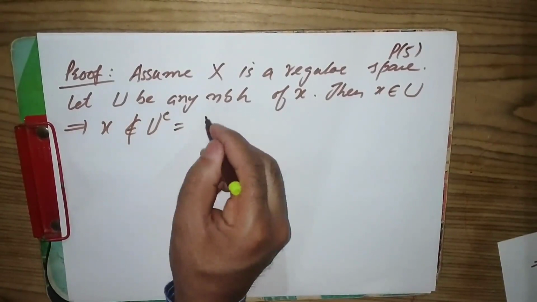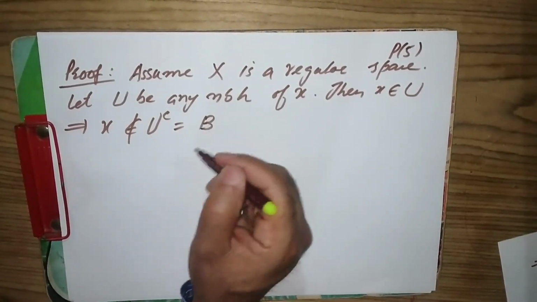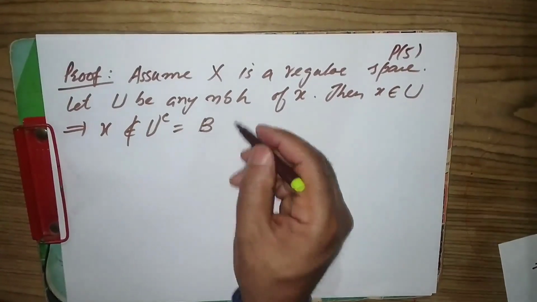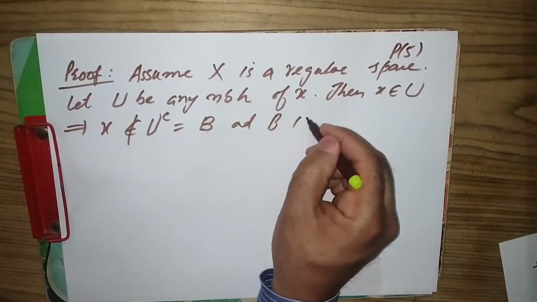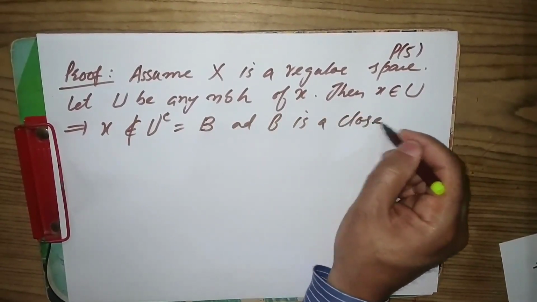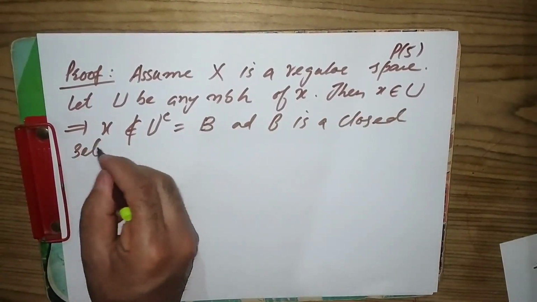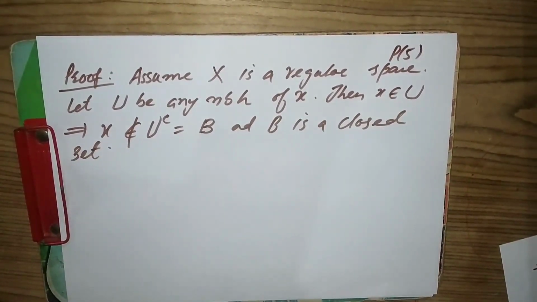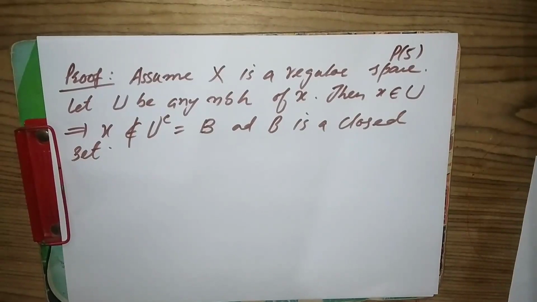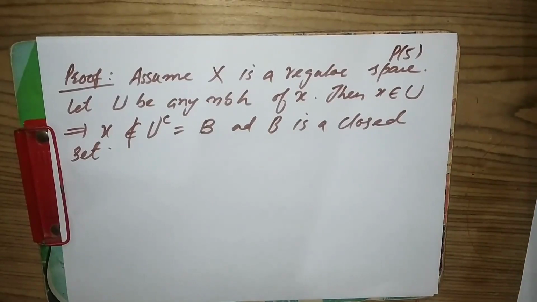Let's write this as B. And B is a closed set. Now, from the definition of a regular space, this B is a closed set and x is not in B, then we can find two disjoint open sets.